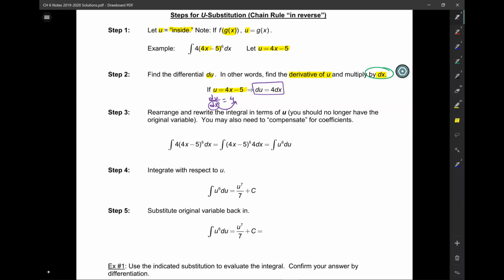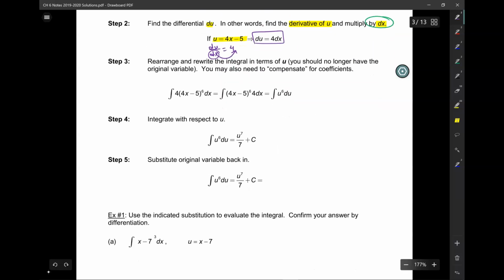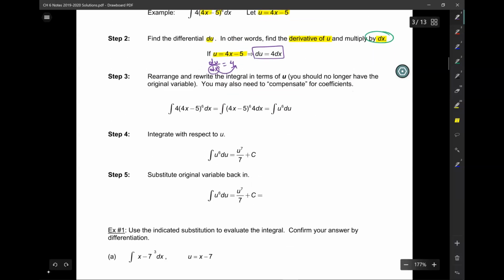All right. Next, we have to rearrange and rewrite the integral in terms of u. What did we say u was? This we said was u. I'm going to rearrange this.